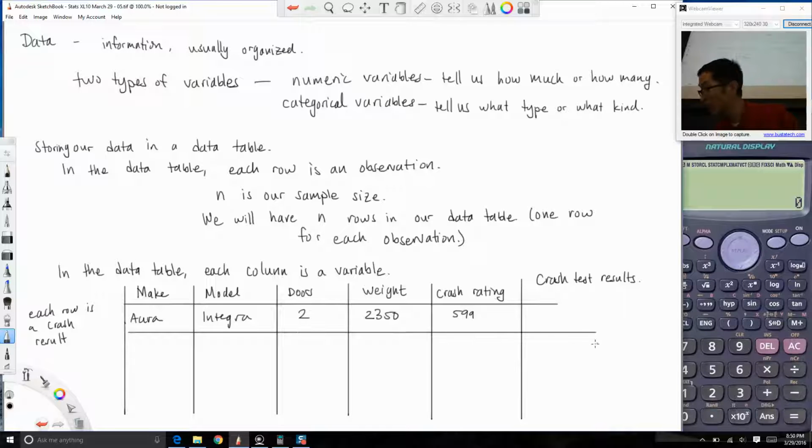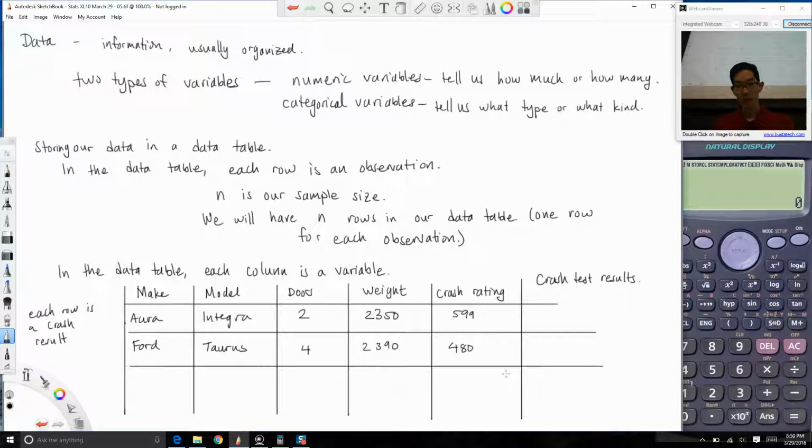And then maybe we look at the Ford Taurus, which has 4 doors, weighs 2,390 pounds, and has a crash rating of 480, etc. Here I've only written down 2 crash test results, but if we ran 10 crash tests, we would have 10 rows.